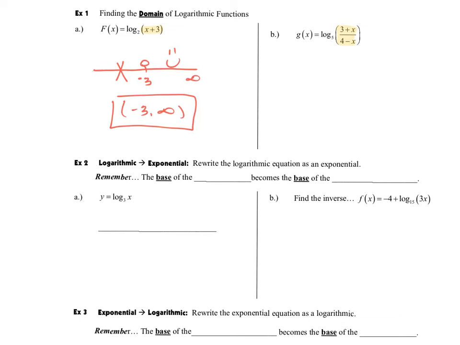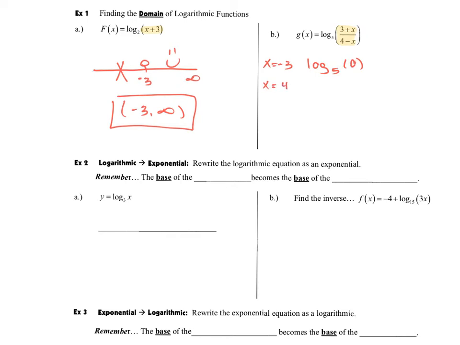So if I look first at my numerator, what I'm going to notice is that at x equals -3, we would have a log base 5 of 0 because it would make that numerator 0. And if I look in my denominator, I notice that I would have an x equals 4.